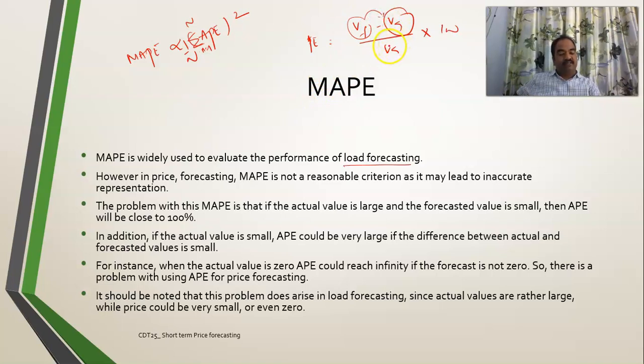The difference between these two is very high, and it will result in a percentage error of about 100, which means your MAPE will also be somewhere near 100, which is not actual.